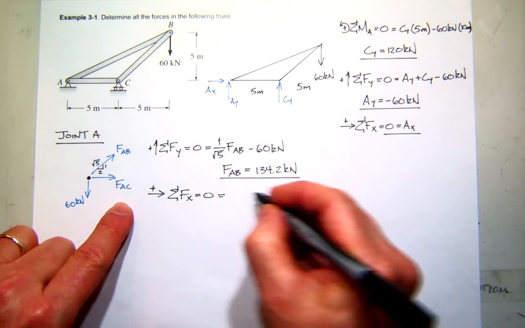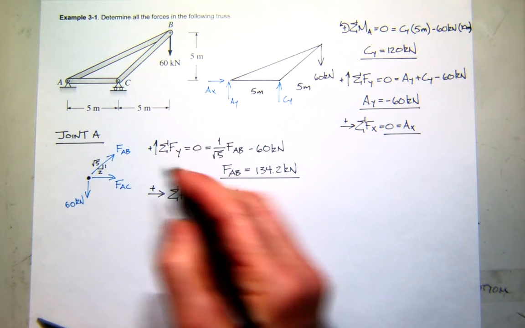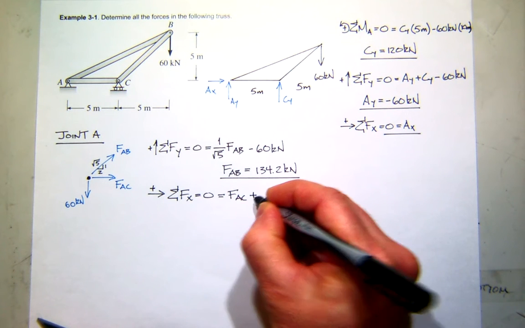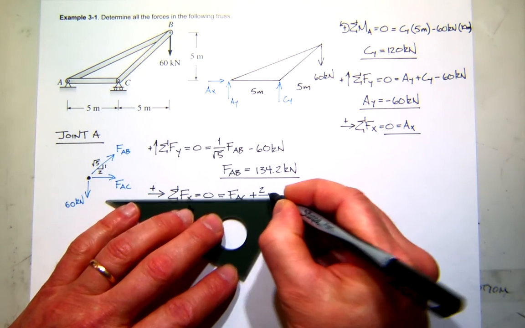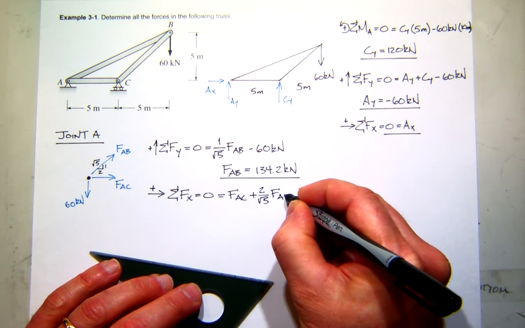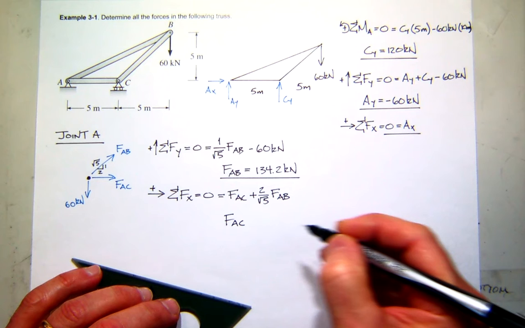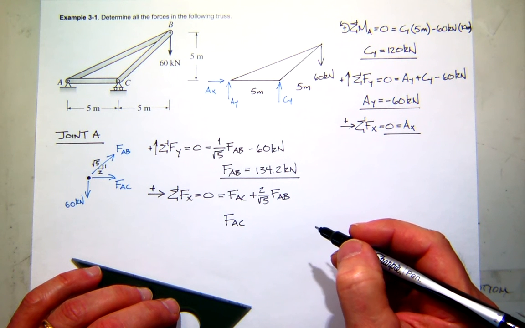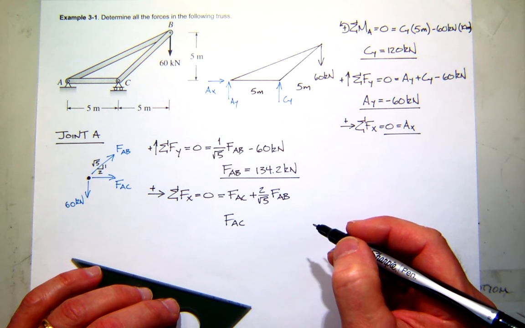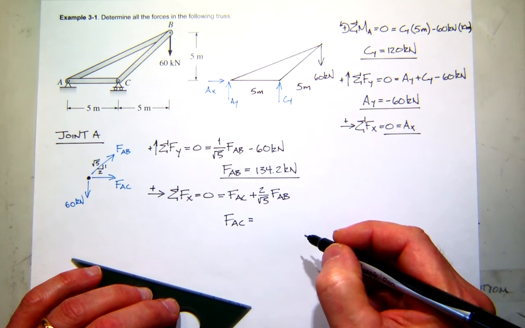So I've got AC to the right, that's positive. And I've got the X component of AB, which is 2 over the square root of 5. And when you solve for AC, I think you're going to get 120. And it should be negative. I'm guessing. Is that right?